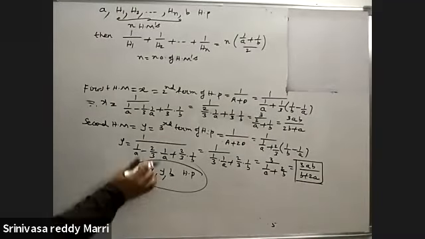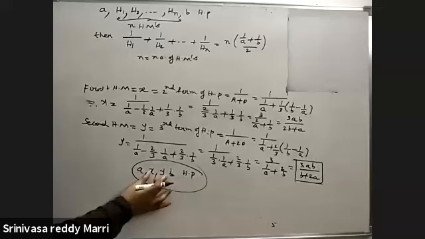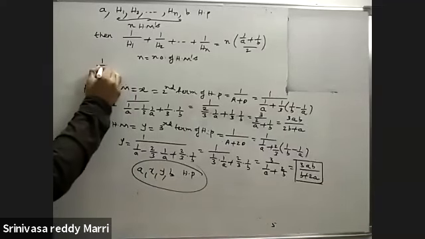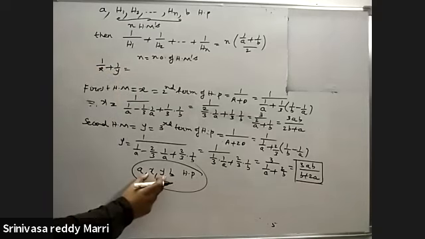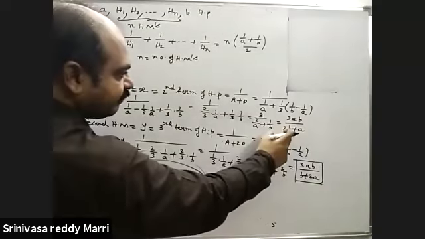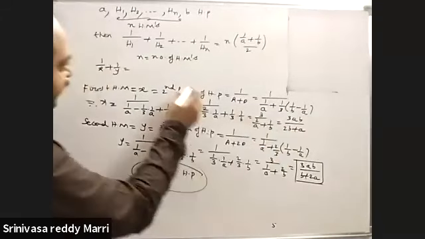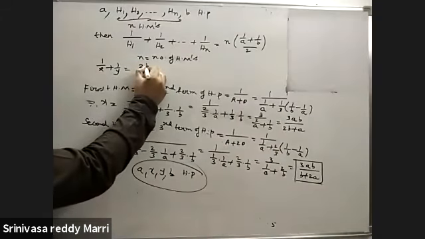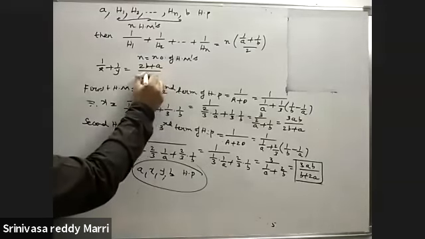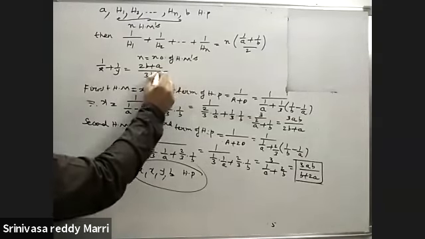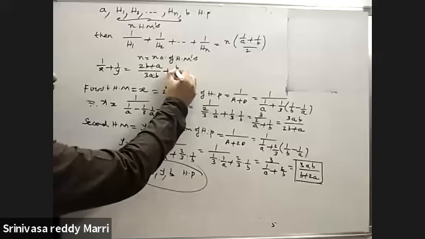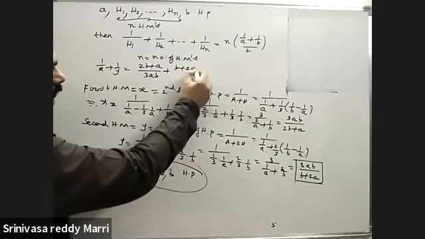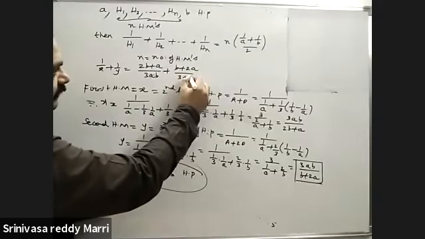Look at here. In the previous case, these are the two. If I find 1 by x plus 1 by y, this is 1 by x. 1 by x means 2B plus A divided by 3AB, plus 1 by y, which is B plus 2A divided by 3AB.